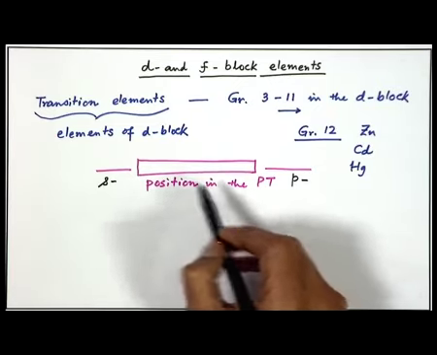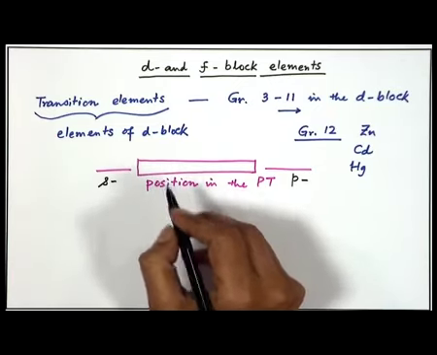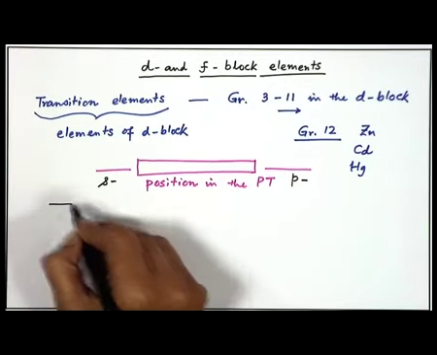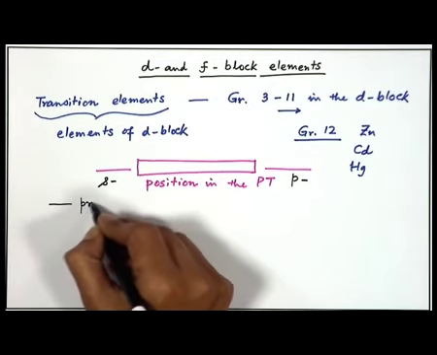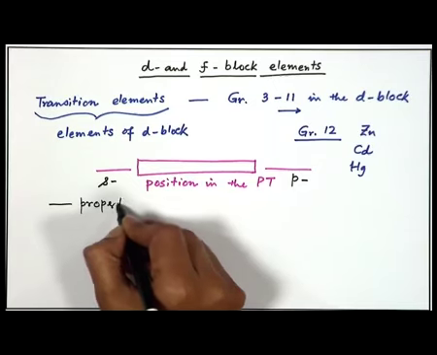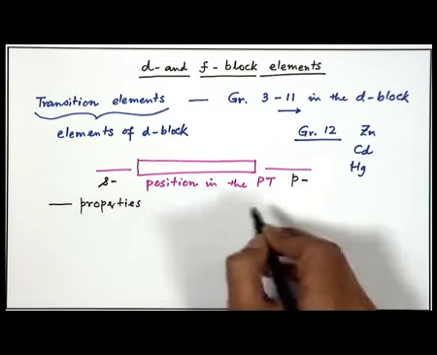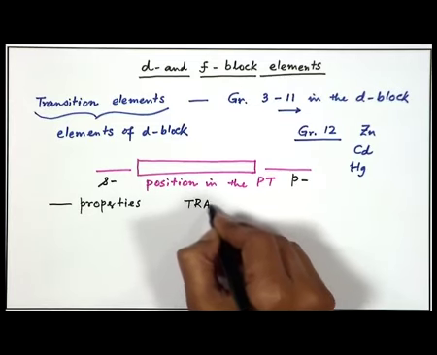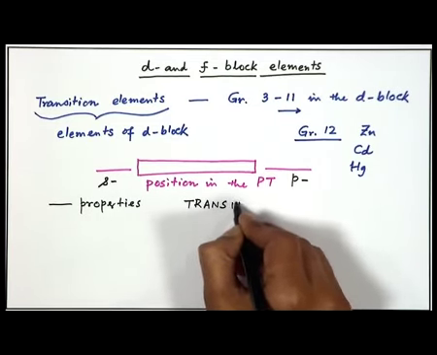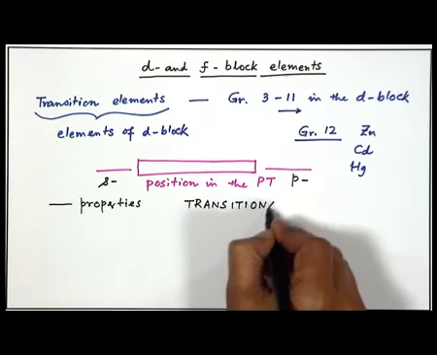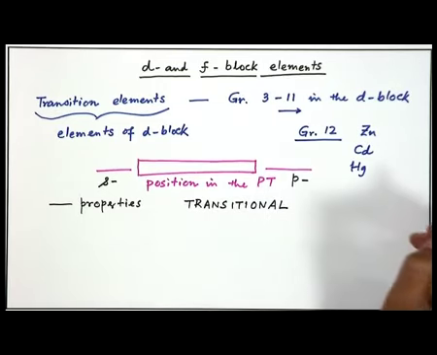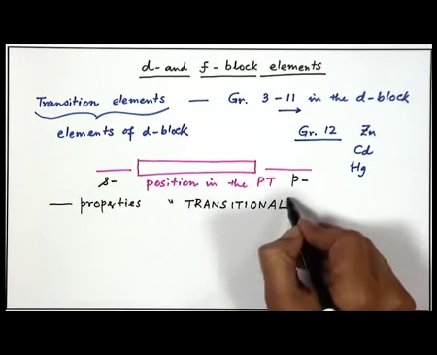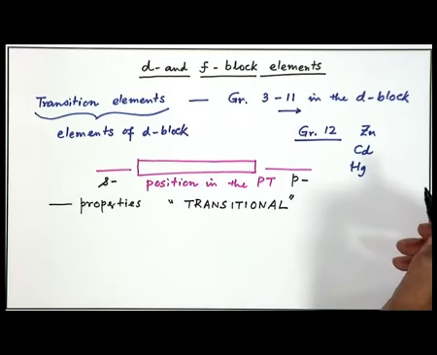So, that is why these are known as transition elements, and in terms of their properties we will find that the properties are also transitional from S to P. What is the transitional property?